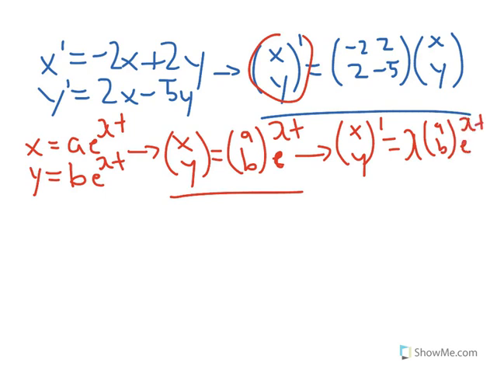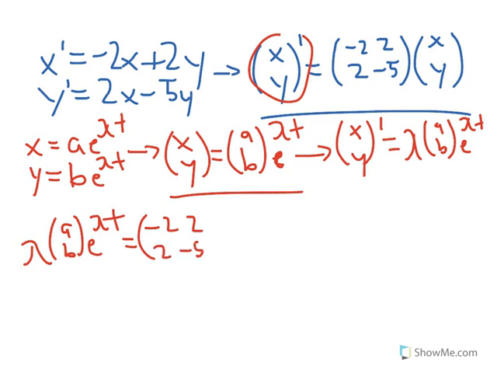Now we can plug it in directly into our original, so we would get lambda (a, b) e to the lambda t equals [-2, 2; 2, -5] times (a, b) e to the lambda t.